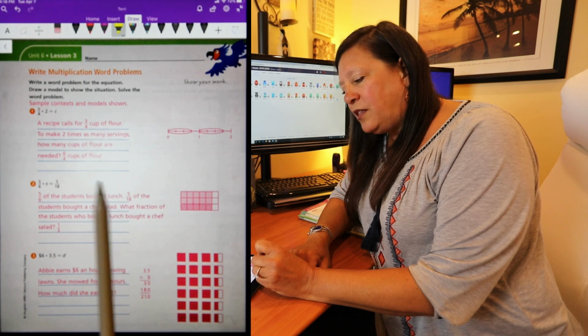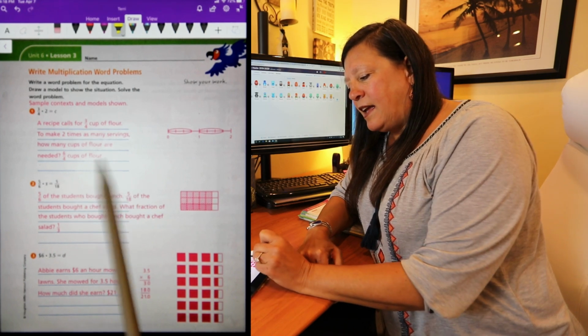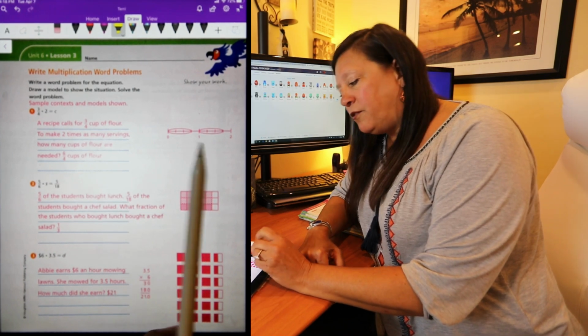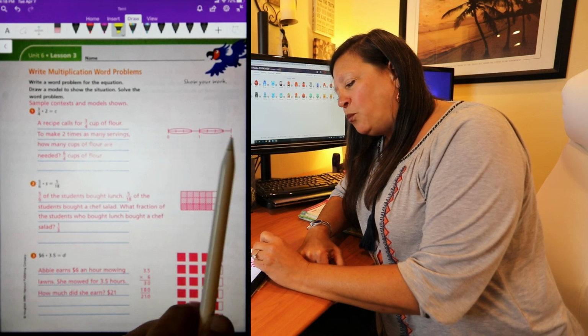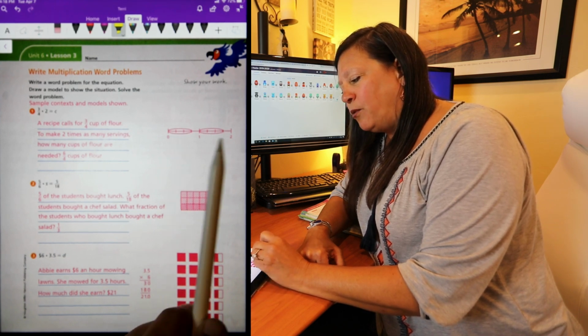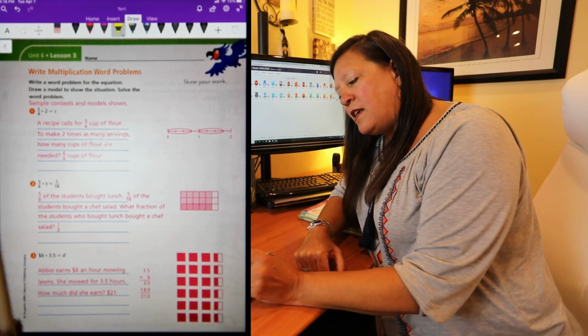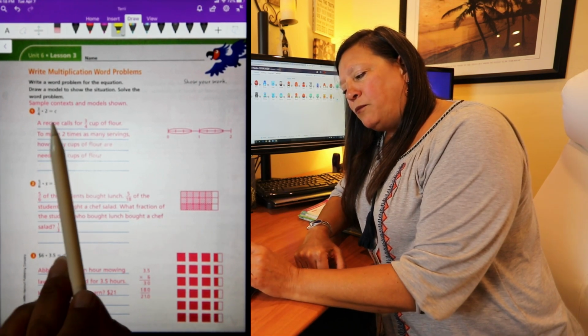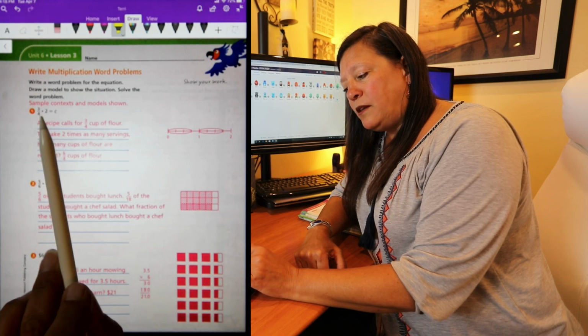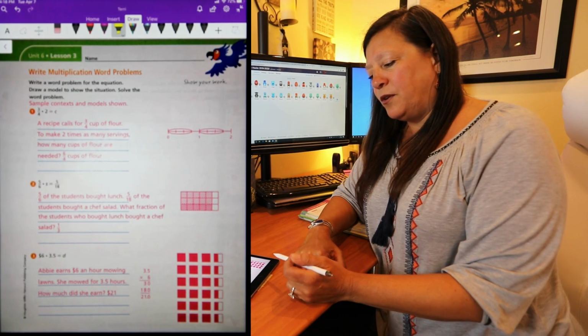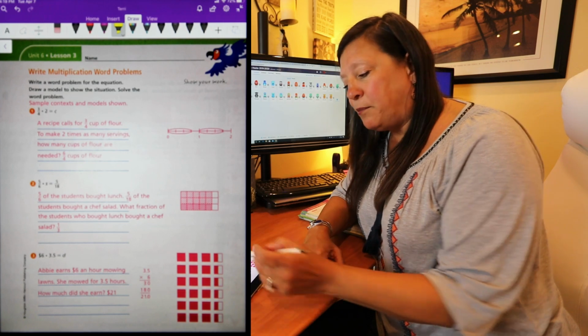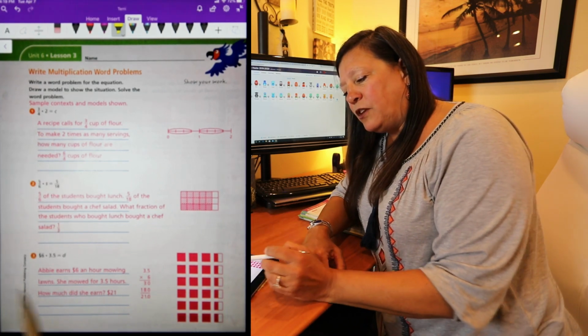That's a really simple way of looking at it. They also have some models here for you. That's one way of showing 3/4, 2 times. Then we just multiply 2/1 by 3/4, and you get 6/4 cups of flour. So there's a nice example for that equation.